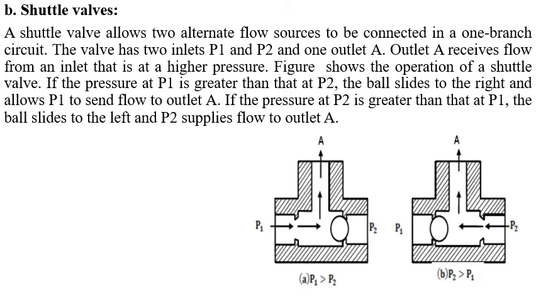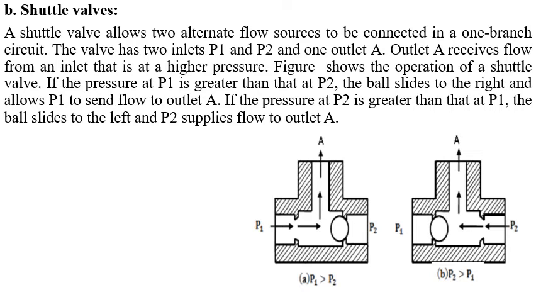The shuttle valve is also a typical direction control valve. It is also called a double check valve and is used when the control is required from more than one power source. Okay. The shuttle valve allows two alternate flow sources to be connected to one branch circuit.